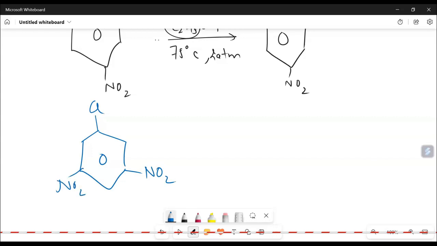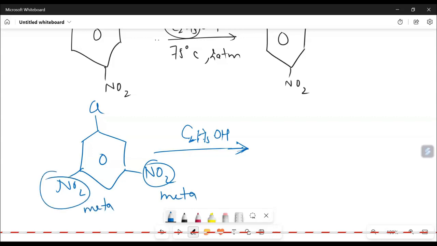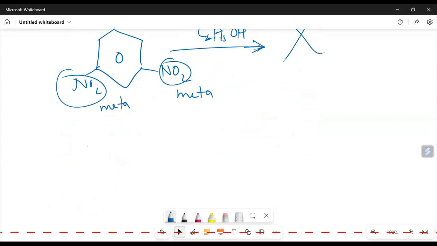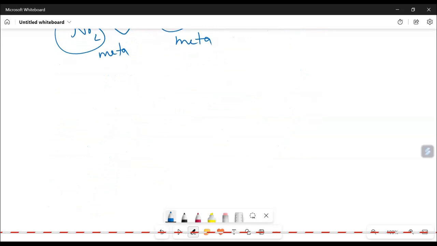Remember, in the presence of C2H5OH, but NO2 groups are attached at meta position here, meta, not ortho or para, and chlorine is ortho and para directing, so mainly no reaction will be there. Let's discuss more reactions then.